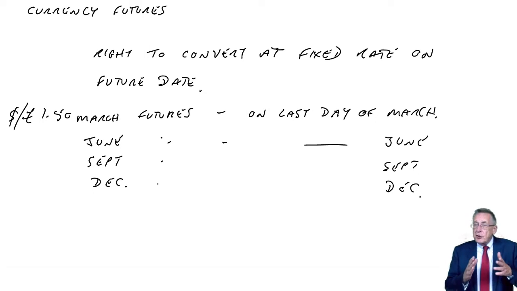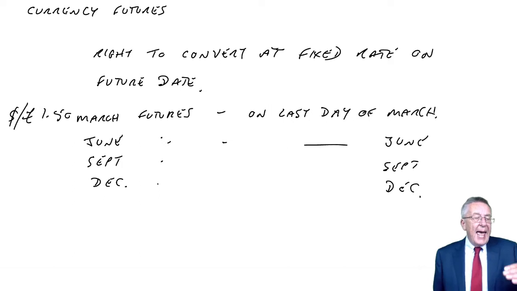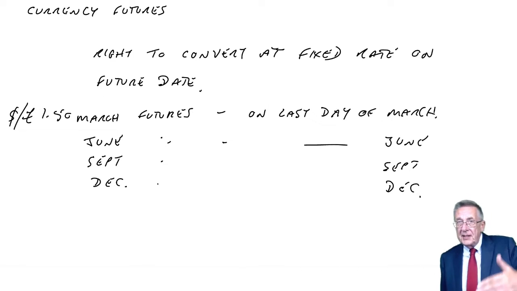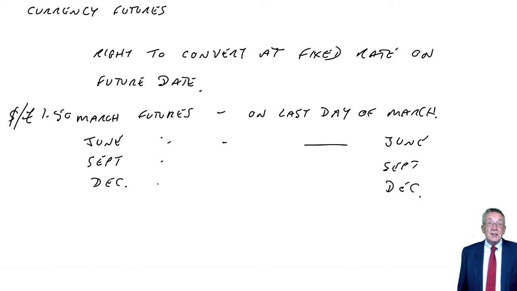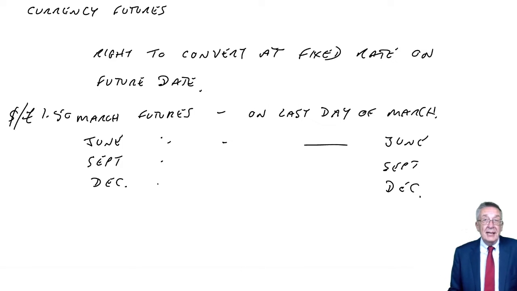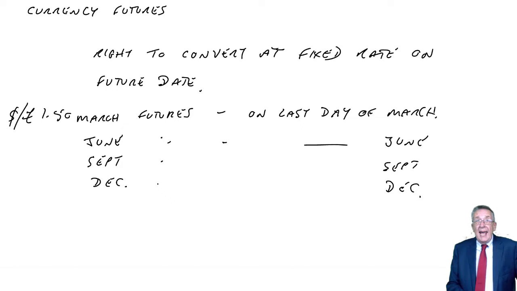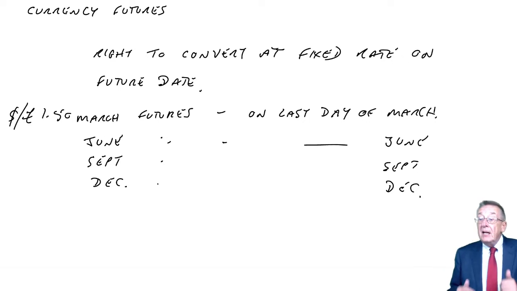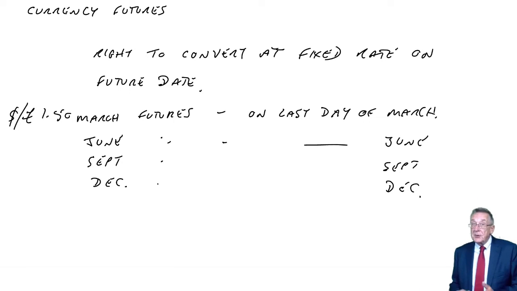But they are traded. And so just like from day to day exchange rates go up and down, similarly, futures prices go up and down. So the futures price today for a March future may be $1.50. Come back next week, it might be $1.52, it might be $1.48. Just like spot rates go up and down, so do these futures prices.